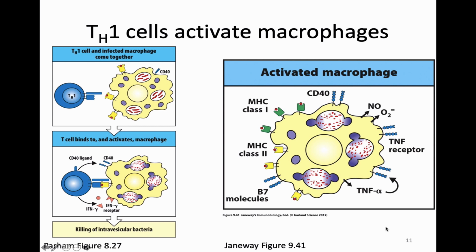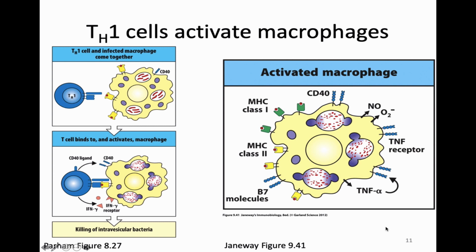It makes the macrophage better at making reactive oxygen species. It makes the macrophage much better at lots of different ways of killing those intracellular bacteria. You can also see that once that macrophage is activated, it will express more MHC, it will have more other types of proteins for stimulating other cells, and so that macrophage is going to get rid of anything it has phagocytosed very well because of Th1 cells.